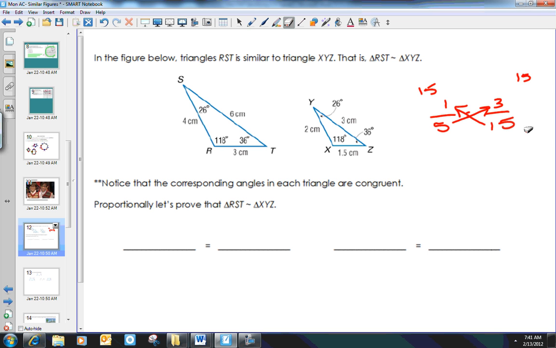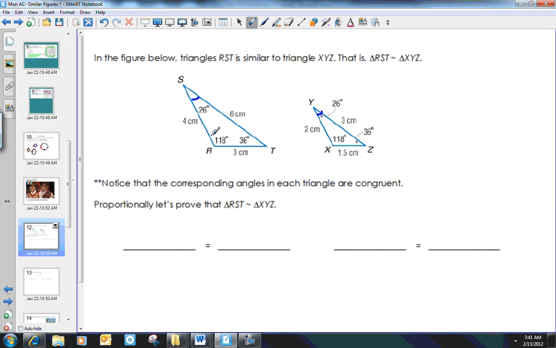Okay? All right, so how do we do that with a similar figure? Find out if it's proportional. Well, what we're going to do is look at our corresponding sides and our corresponding angles. First of all, you can see that the corresponding angles, this one is angle S and this one is angle Y, they are both 26 degrees, so they're the same.